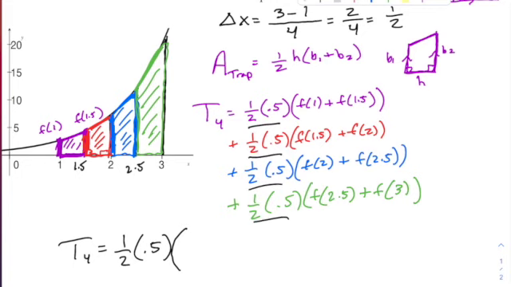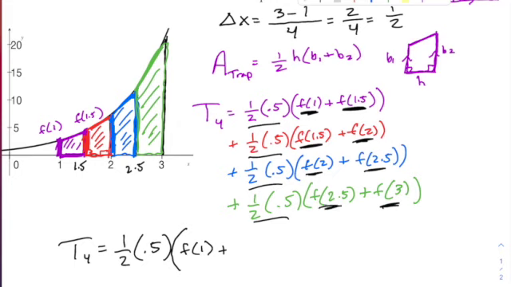And just notice, here's something that always happens with this trapezoidal rule. The first and the last one, f of 1 and f of 3, they get used only once. They only belong to one trapezoid, the far left and the far right. But all of the ones in the middle, f of 1.5, f of 2, f of 2.5, they get used twice.